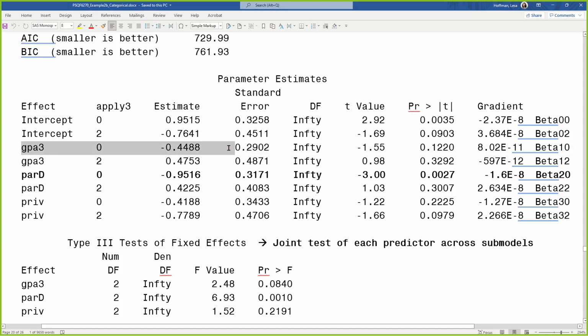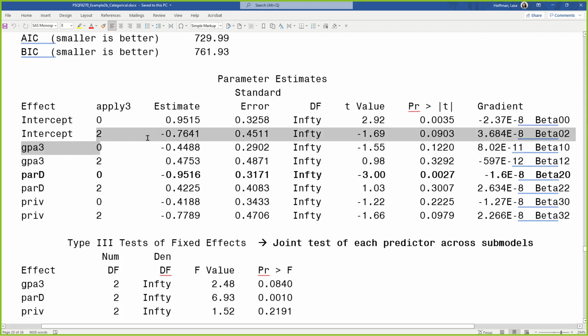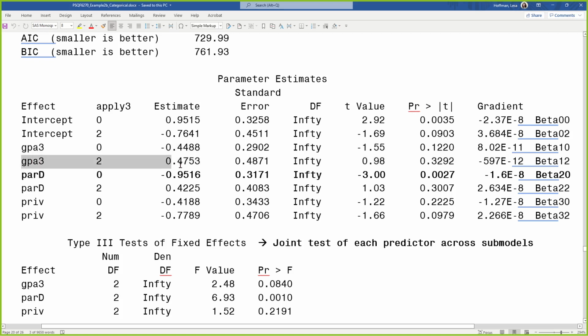And so then our effects of GPA, interestingly, are almost identical, but they're backwards because of the way that I've set up the coding. So people with a higher GPA are less likely to pick 0 instead of 1, and they are more likely to pick 2 instead of 1.